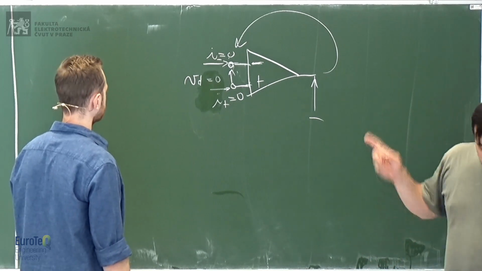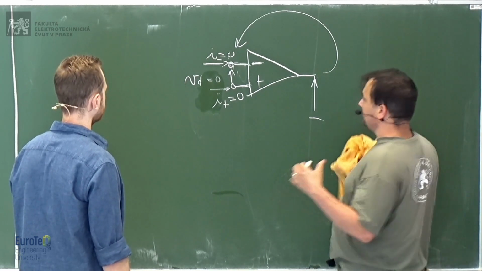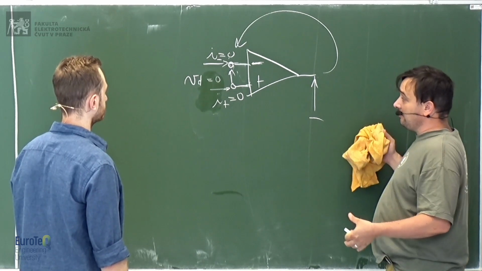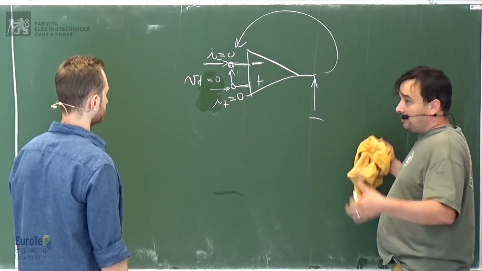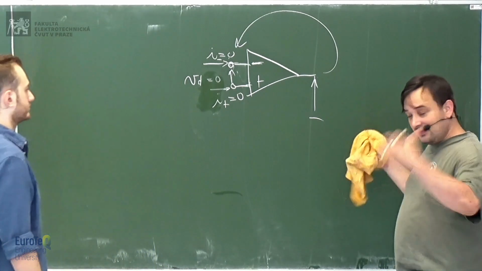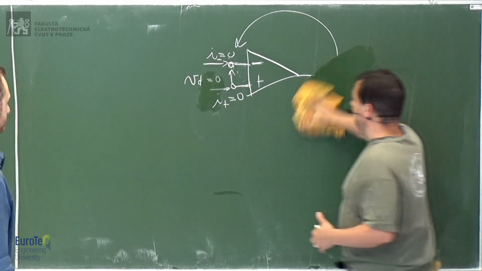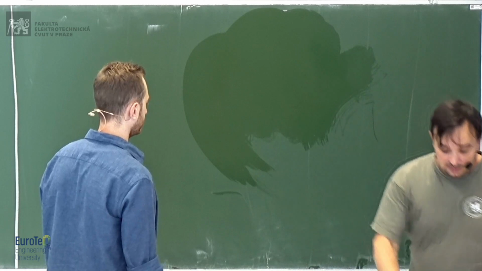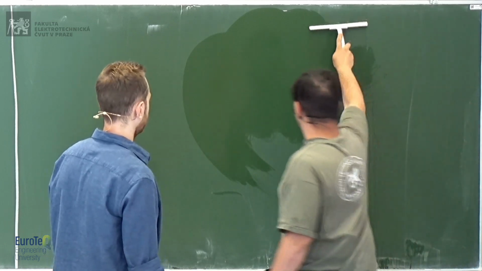In the previous video, we have already seen how the non-inverting amplifier works. We have already demonstrated the output. So if somebody wants, go back and check in the videos before. Now, let's make the inverting amplifier.